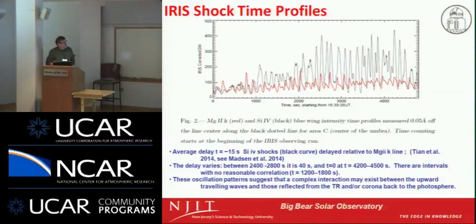So again, what is interesting, this magnesium line is in red. The intensity is much weaker. And the silicon line shows a little bit different behavior. At the beginning of the observations of this run, the intensity of those shocks was more or less the same, but then suddenly the silicon line shows different behavior, and then apparently it changed again.